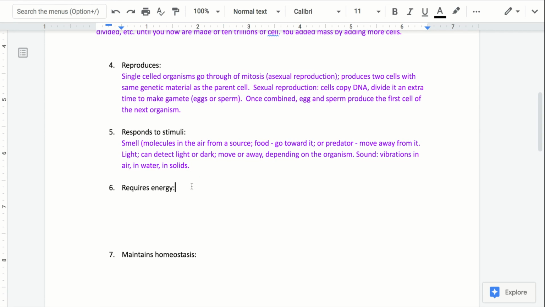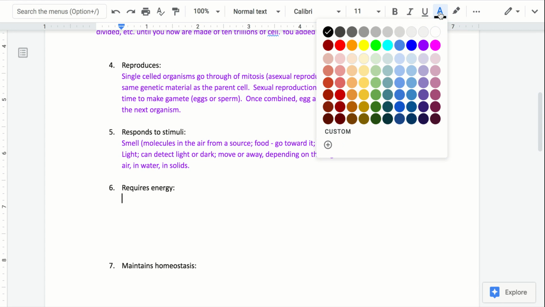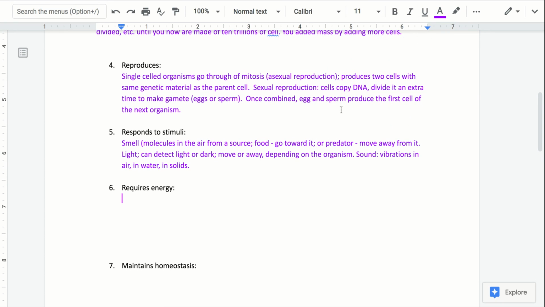Living organisms require energy. It takes energy to break apart food molecules. Okay? It takes energy to make new cells, for example.